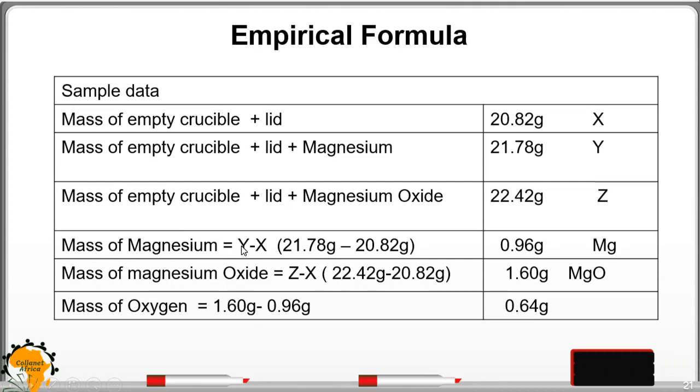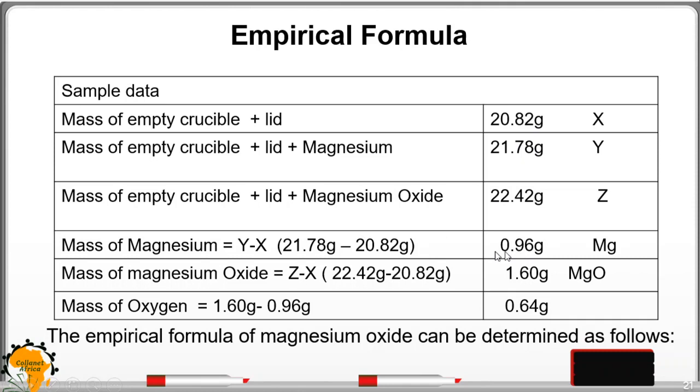You say it is Y minus X, that is 21.78 minus 20.82 to get 0.96 grams of magnesium.